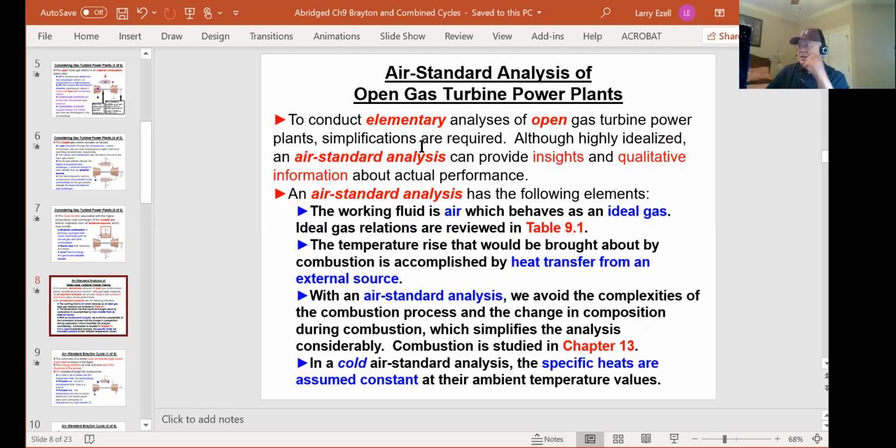Okay, we can conduct an elementary analysis of an open gas turbine. To do an elementary analysis, we have to make some assumptions. They're pretty valid assumptions. The first is the working fluid behaves as an ideal gas. The temperature rise that would be brought about by combustion is complicated. It's accomplished by heat transfer from an external source. So here's what that means.